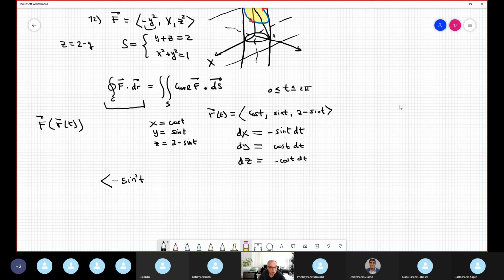Comma, x, but x is cosine. Comma, z squared. Then the dot product with dr, and dr is easy. dr is the vector dx, dy, dz: minus sine t, comma, cosine t, comma, minus cosine t.